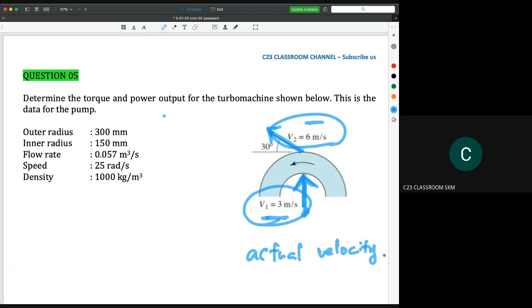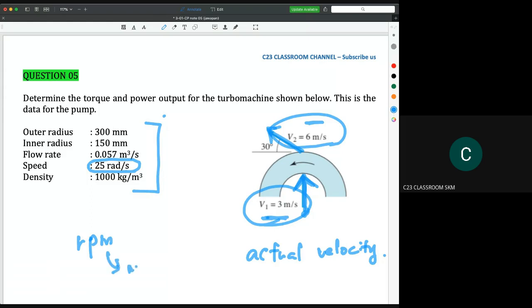So we have all of these parameters. One of the important things that you should know is the speed shown here is in radian per second, because in previous tutorials I always gave you in terms of RPM, or rotation per minute.